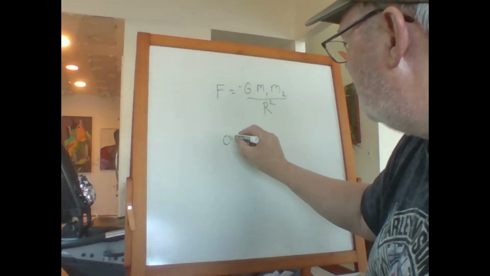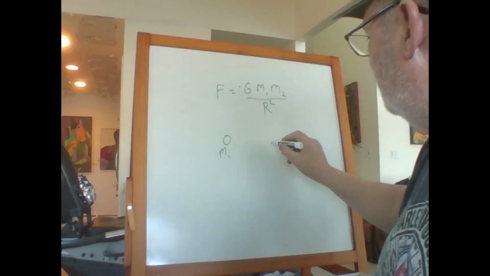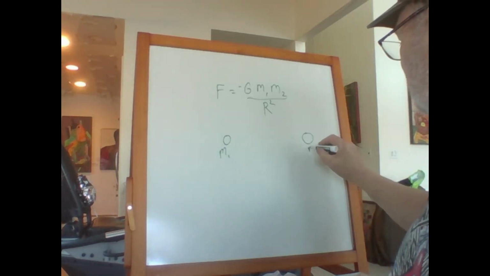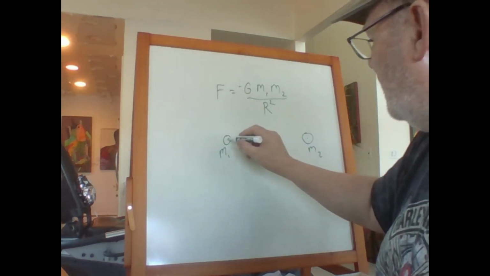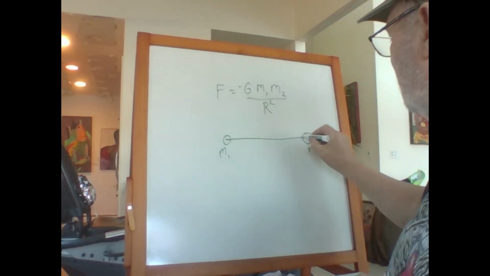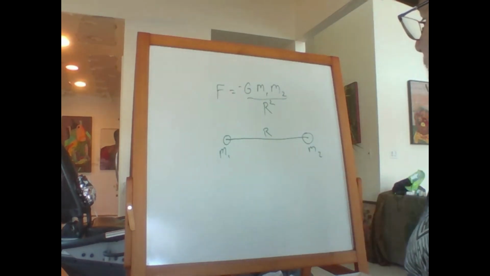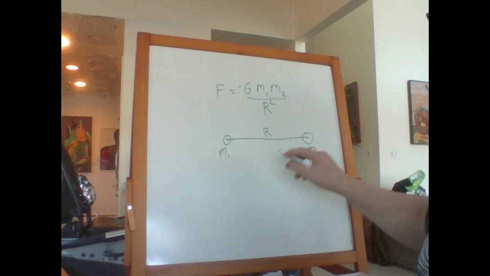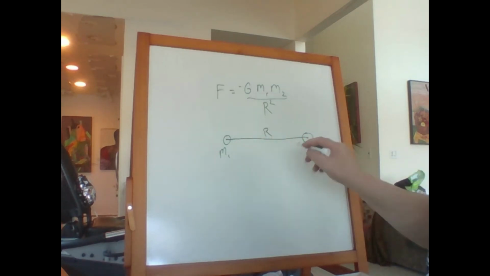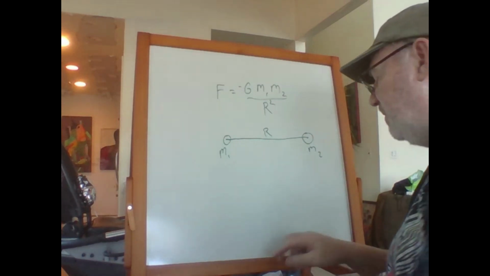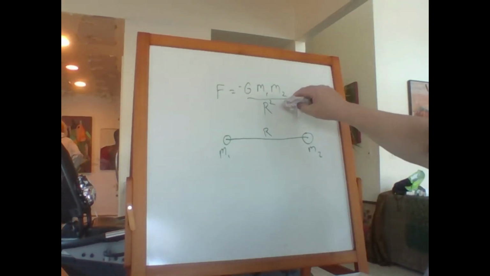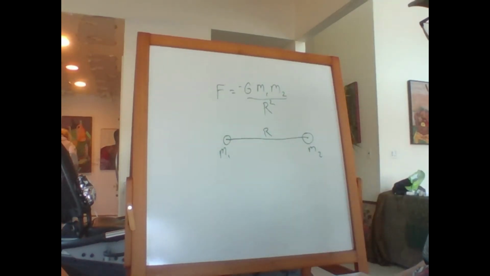So if you have object mass 1 and mass 2, and we have r, that's the gravitational law that governs the force interaction between these two objects. And we call that Newton's law, but it's basically an empirical mathematical formula.